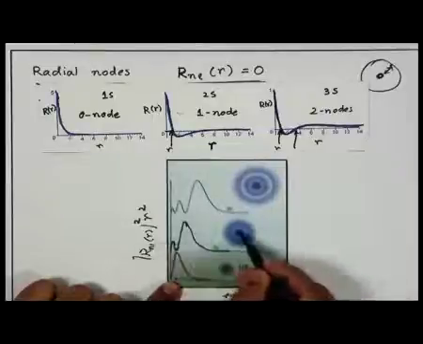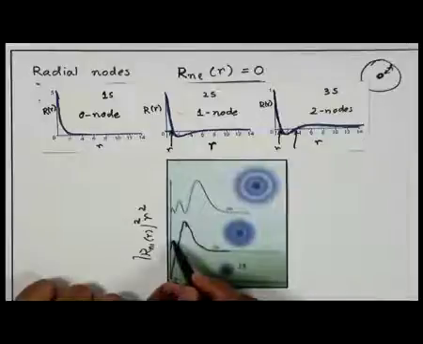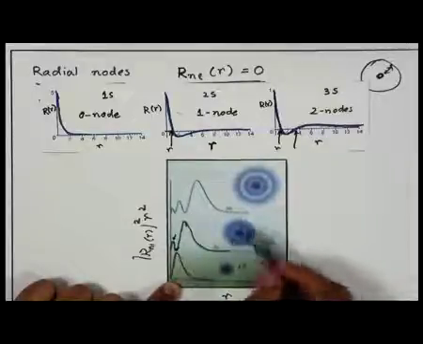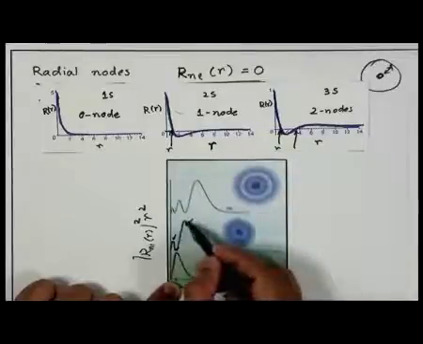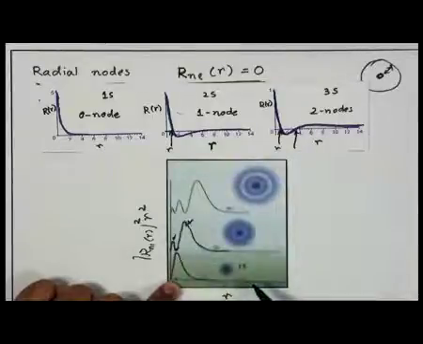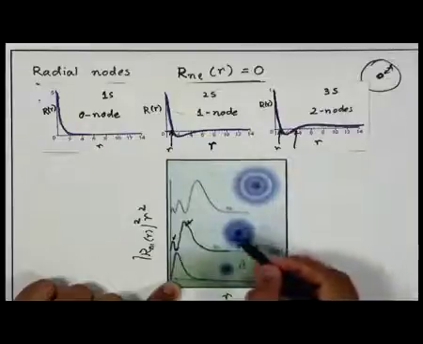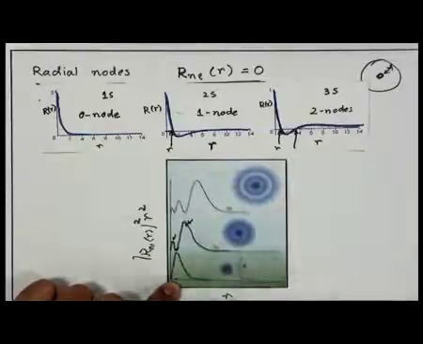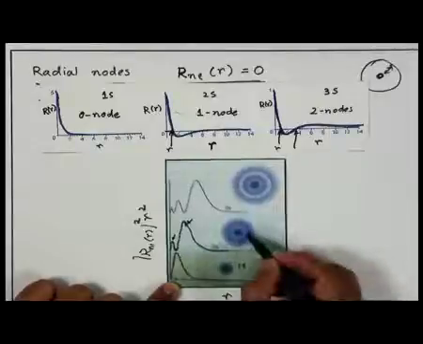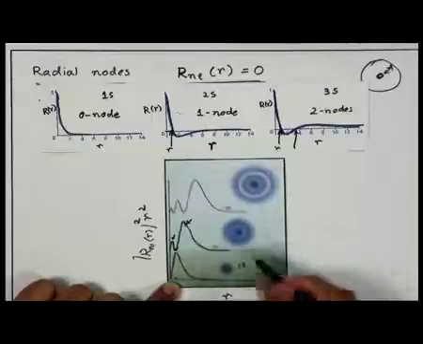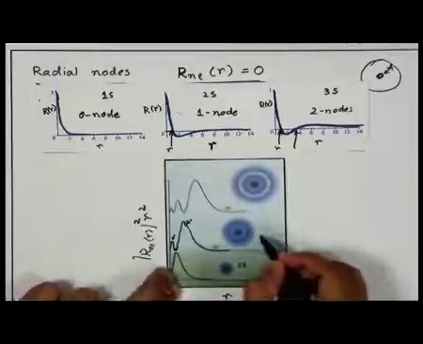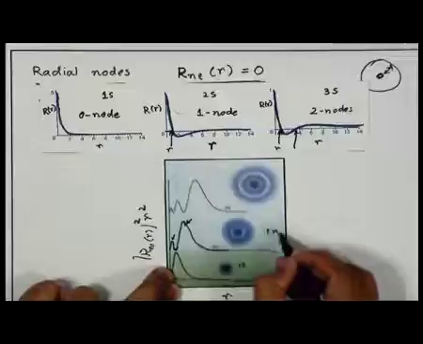This central sphere identifies this region, and the sphere beyond that, the second sphere that you can say is due to this probability distribution. And in between there are two spheres, there is a region where the electron is not found, and that is called a node. So, the white region that you see in this picture is a radial node. So, this is in 2s. So, you have got one node.